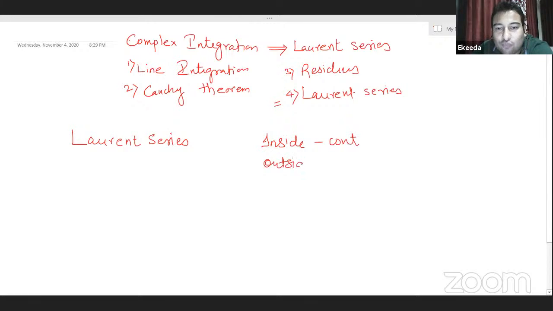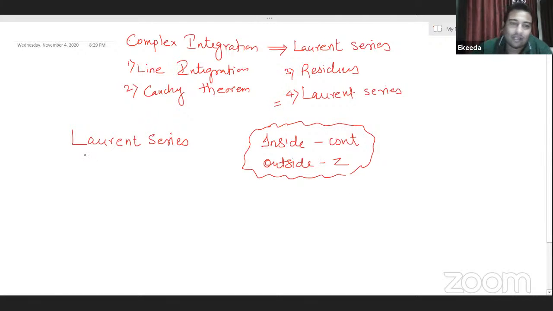Remember this point, and this will be the simplest chapter of your life. Inside constant, outside z. And the good thing about this particular chapter, Laurent series, is there is not much variation. So if you understand one problem, you can easily manage all the problems. So there is no variation actually. So inside constant, outside z, that thing you need to remember.